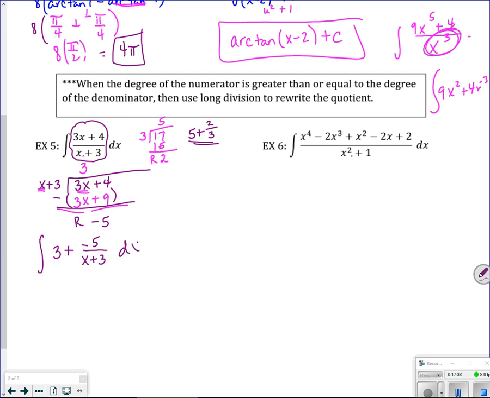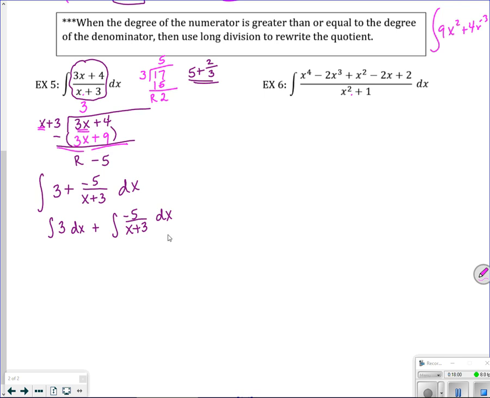This is what I need to integrate. And remember, I'm going to do those separately. So think about integrating 3 dx plus the integral of a negative 5 over x plus 3 dx. You should be able to integrate both of those.